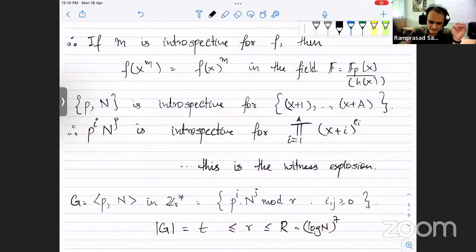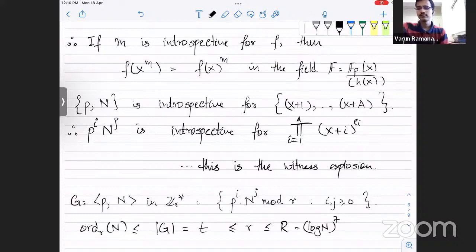If I forget all these elements and just look at n, n squared, n cubed, n power 4, etc., how many different elements will I get? That's exactly equal to the order of n modulo r. So therefore, this is at least as large as the order of n modulo r.